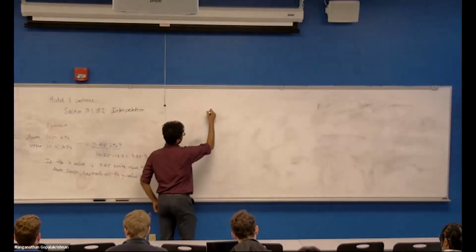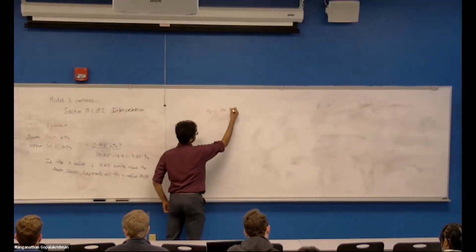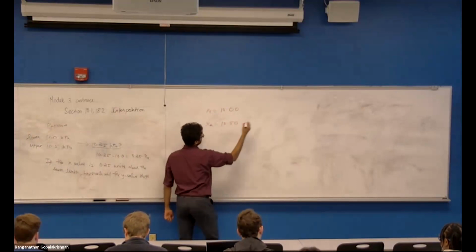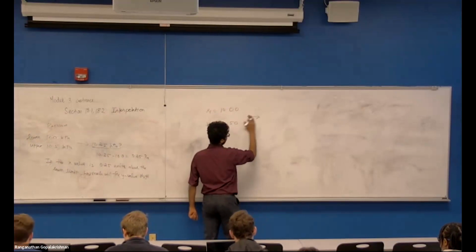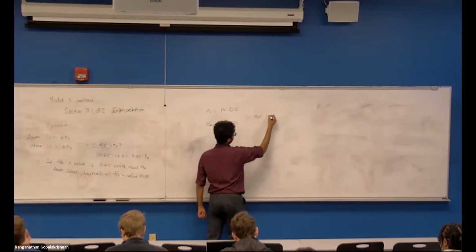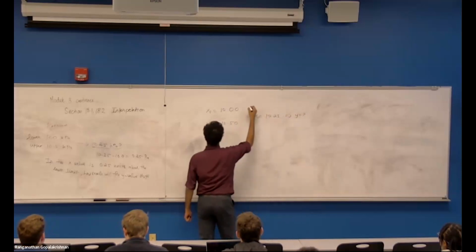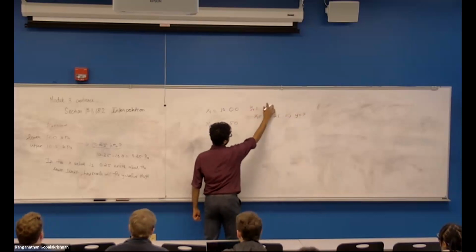So suppose you have x1 equal to 10.00 and x2 equals 10.50, and your interest is to ask for an x value of 10.25, what is the corresponding y value? And say corresponding y values are, I'm just making up these numbers.